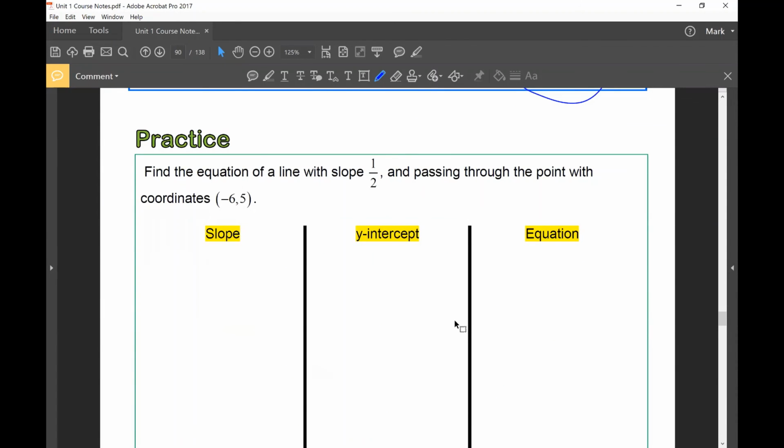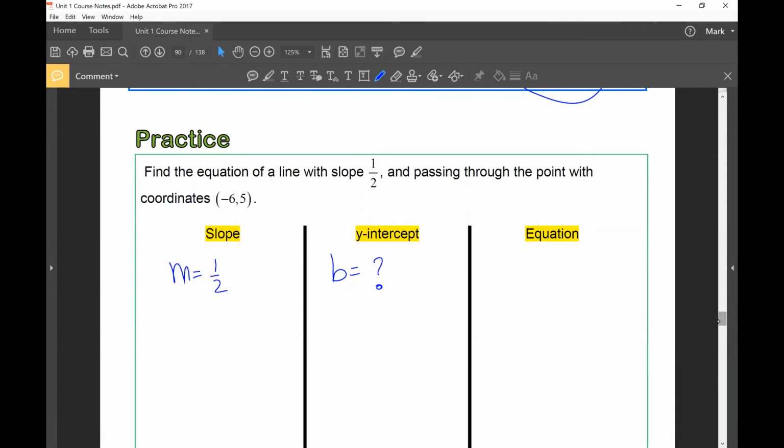Practice. Find the equation of a line with slope 1 over 2 and passing through the point negative 6 and 5. Okay, so my slope m is 1 over 2. My y-intercept, this is my b, I do not know.